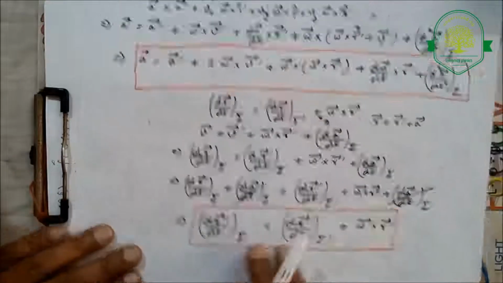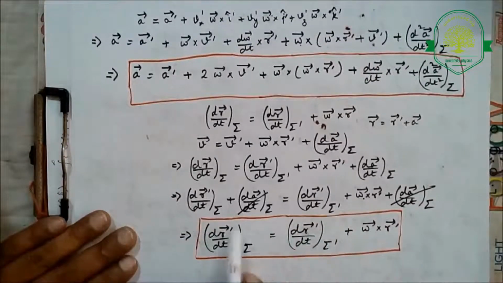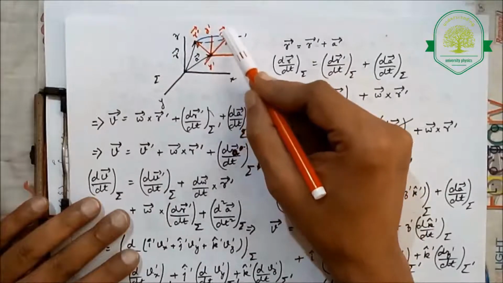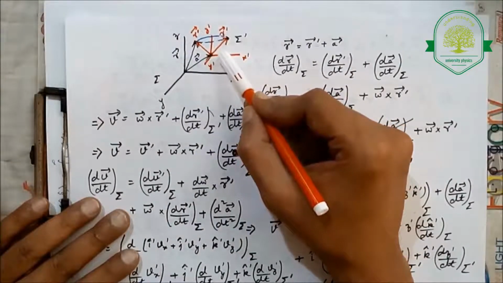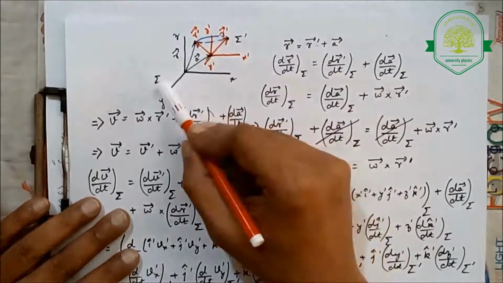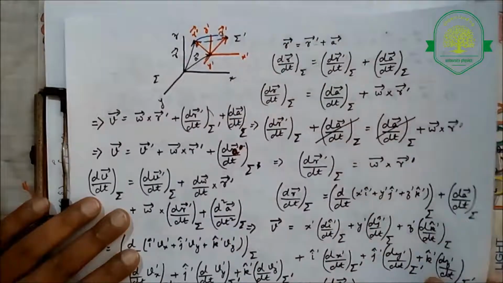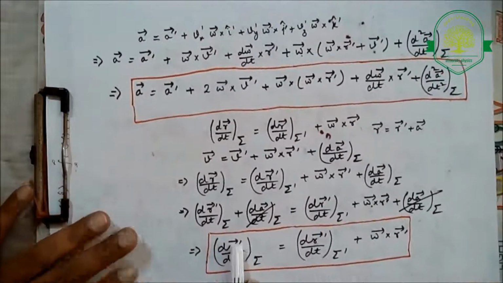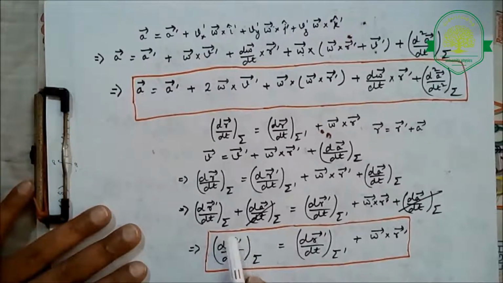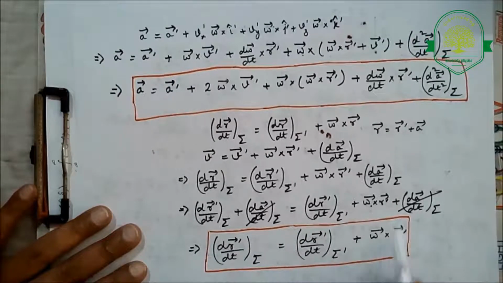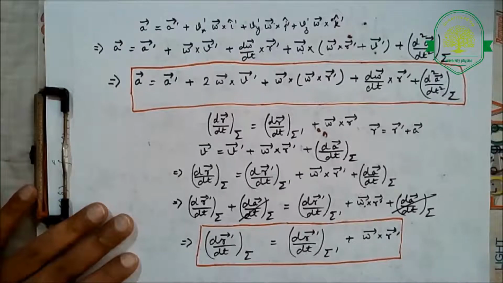So this equation actually holds for any vector. Here r primed vector means a specific vector, and the description of r primed is in the primed frame of reference, but we can describe this very vector from the unprimed frame of reference. Therefore, this equation will be true even if the description of r primed is in the unprimed frame of reference. And then we can generalize this equation for any vector in place of r primed.